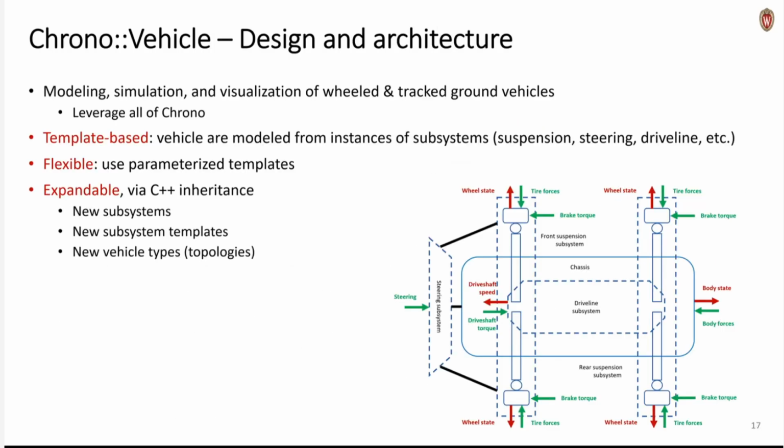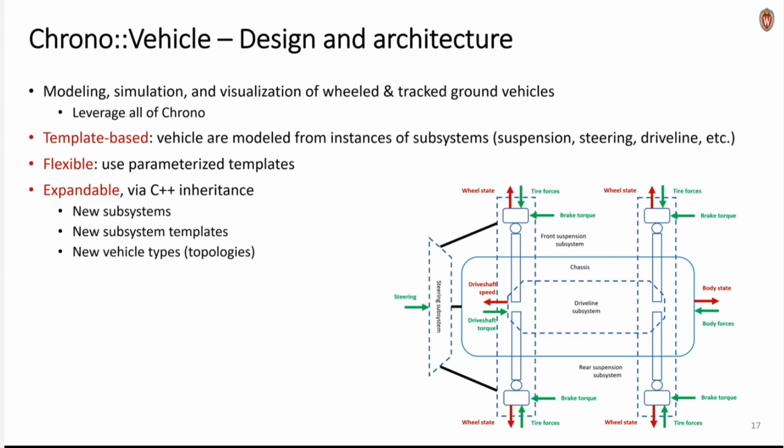Moving quickly through Chrono::Vehicle. Chrono::Vehicle does not bring in new physics. It just allows you to leverage and piggyback on things like the multi-body capabilities of Chrono or the finite element capabilities of Chrono, and quickly put together models that represent a particular type of mechanical system, namely ground vehicles, wheeled or tracked.